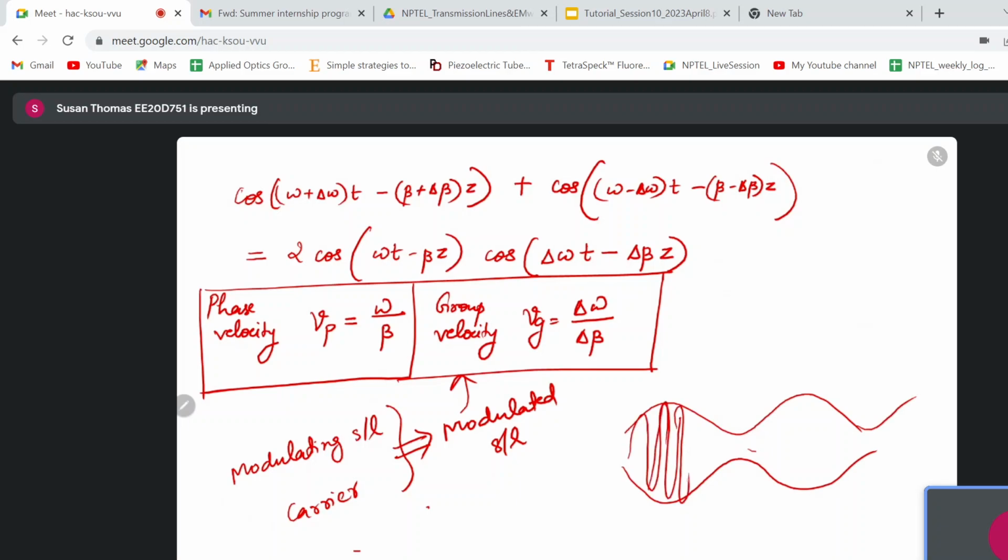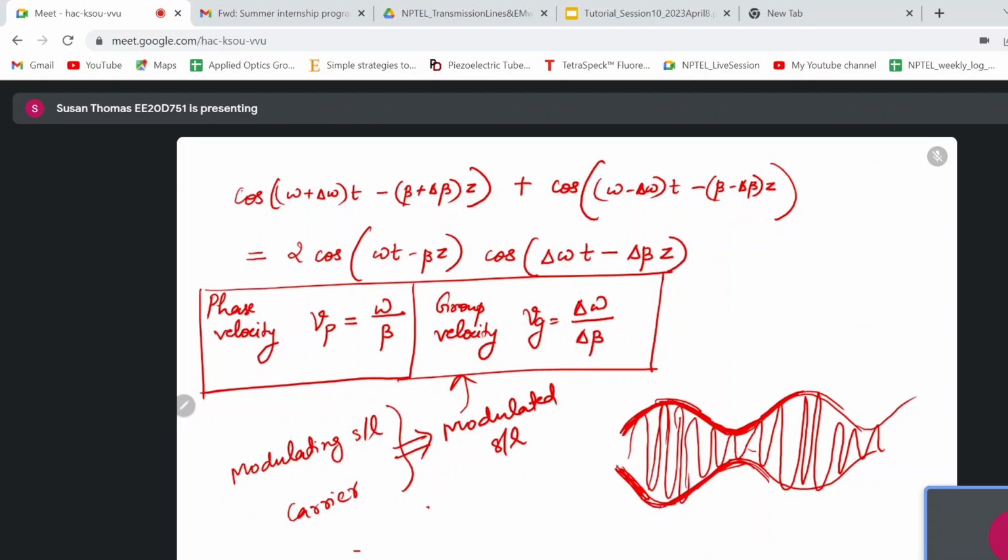So if you remember the very basic idea of modulation, so here you know that this is the envelope, which is a modulated signal.